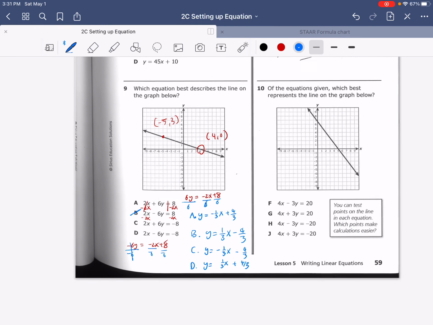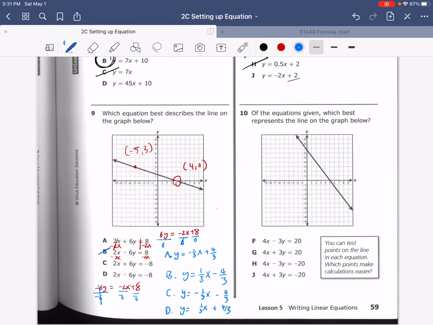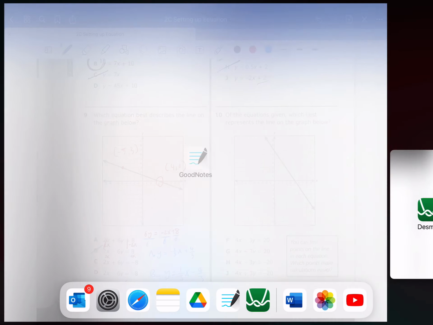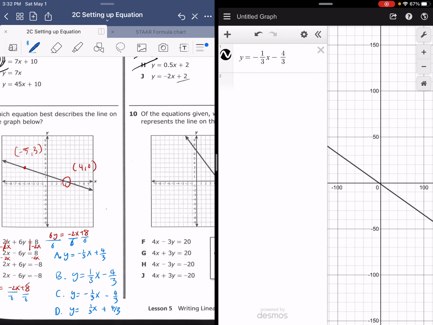Oh, the answer is going to be simple. It's going to be A. But this is how you check. First of all, go to the graph. Graph each one of them. Y equals negative 1 over 3x minus 4 over 3. Okay, so we have this graph here.